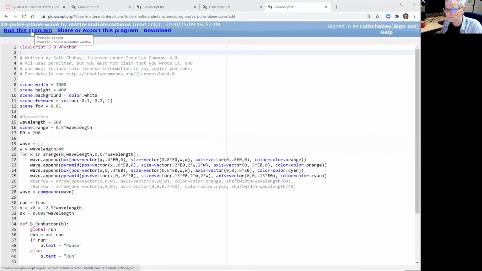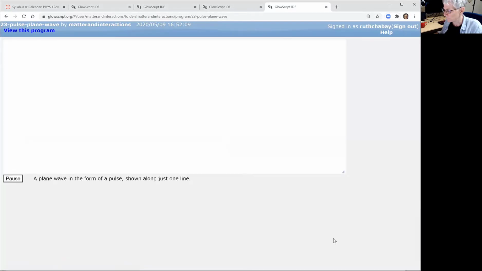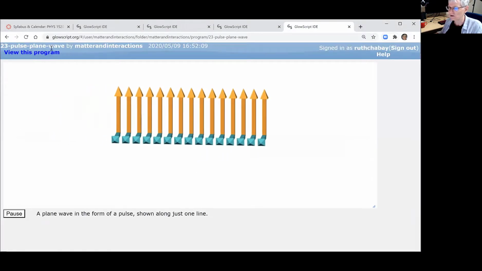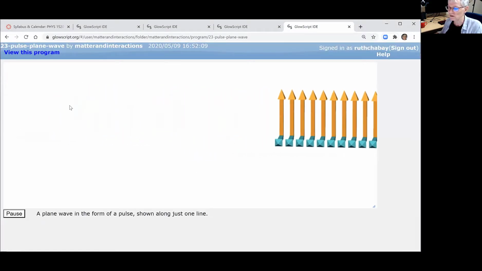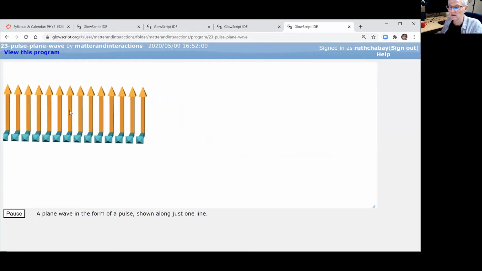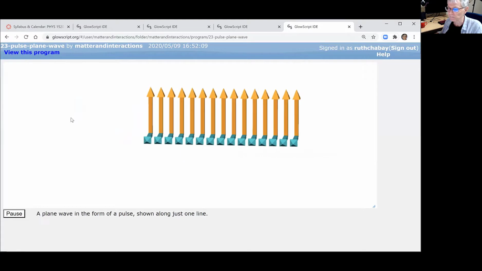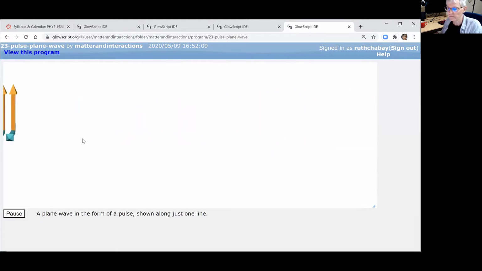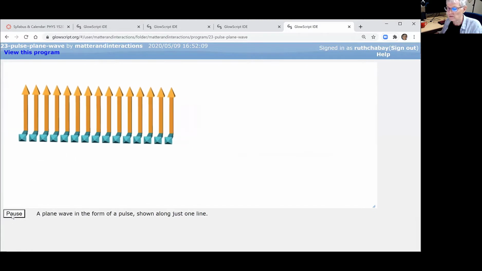So let's see what this might look like here. So here's just a little animation of a configuration of electric and magnetic field. And as usual, the electric field is orange, magnetic field is cyan. And what we see is you're standing here watching this, and this sort of pulse comes by.